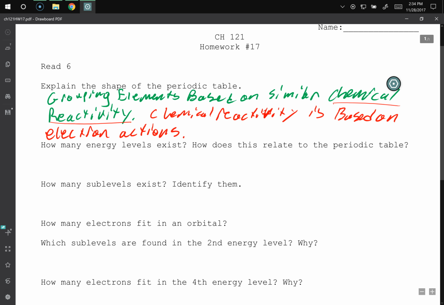So when Mendeleev came up with his table, it was based off of the reactivity, but since reactivity is based on electron actions, it's all about the electrons, right?